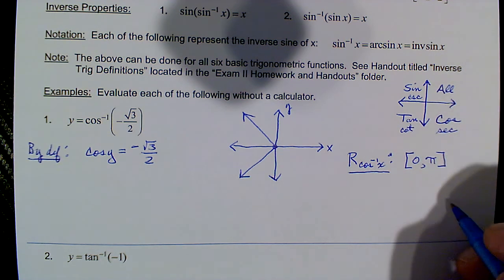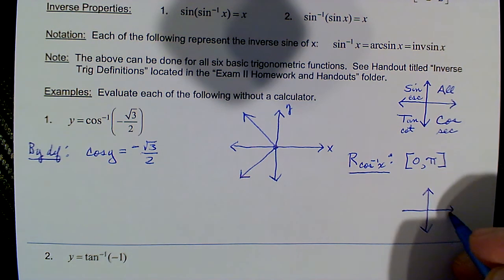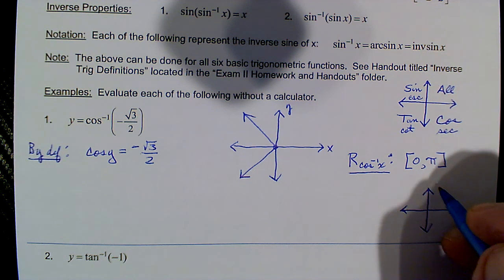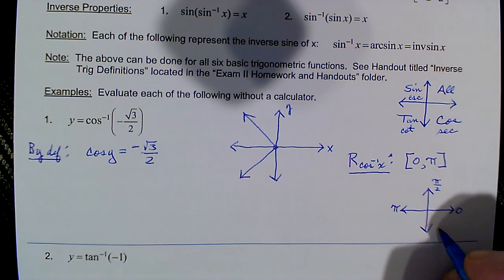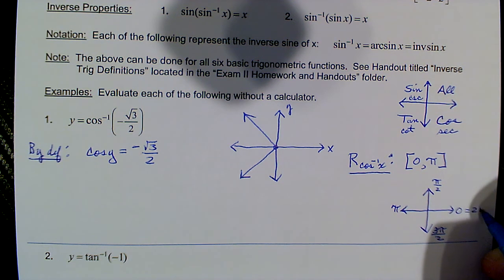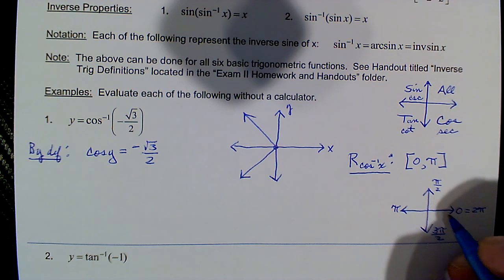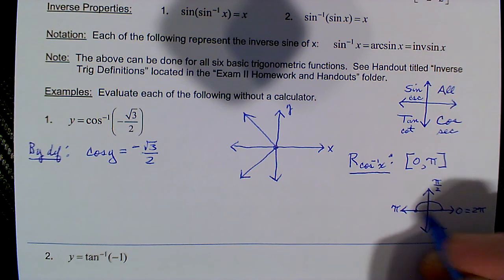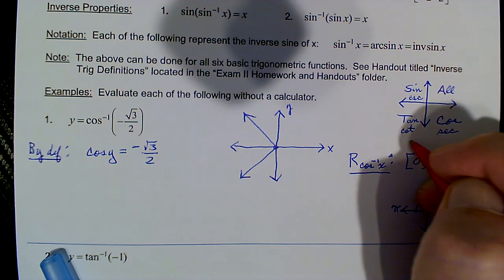And in the Cartesian system, we have 0 radians is the positive x, pi over 2 the positive y, pi the negative x, 3 pi over 2 the negative y, and then back to 0 or 2 pi. And so as an interval from 0 to pi would include 0, and we go as an interval to pi. So that means quadrants 1 and quadrant 2.